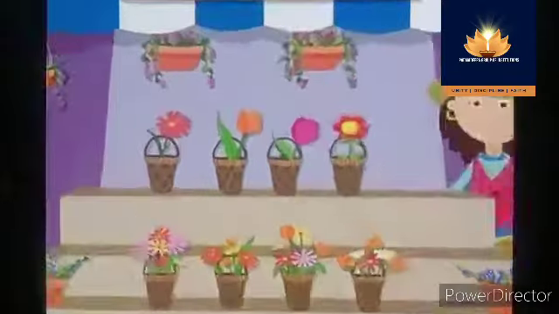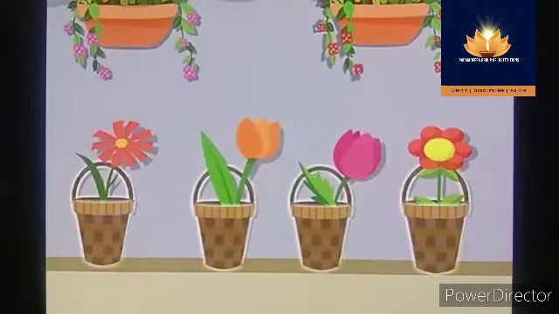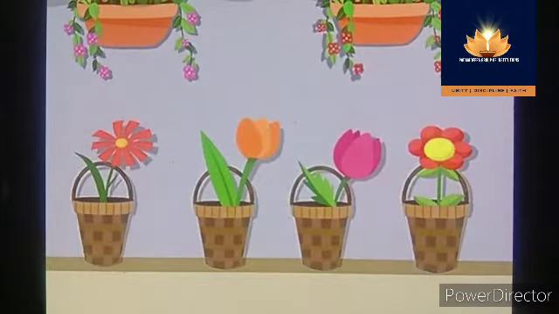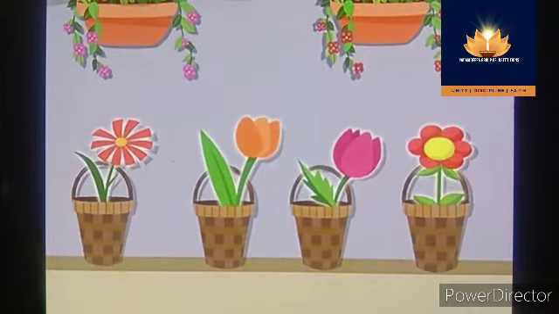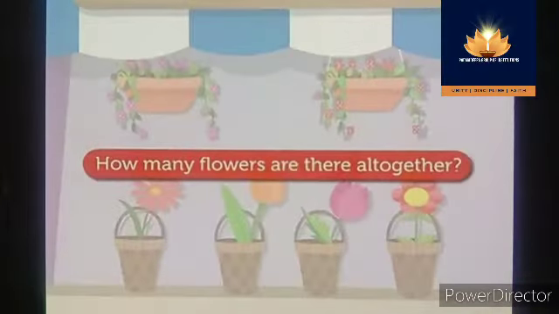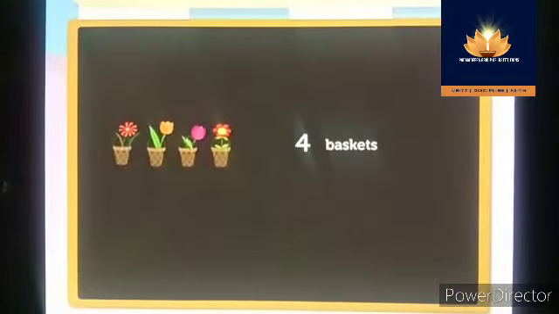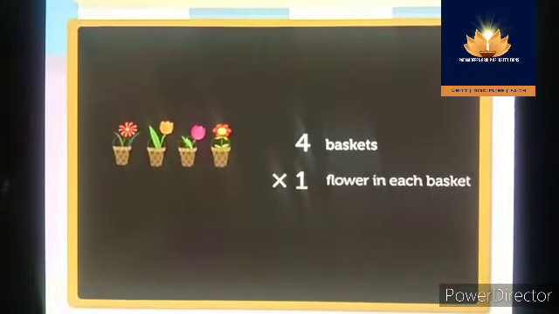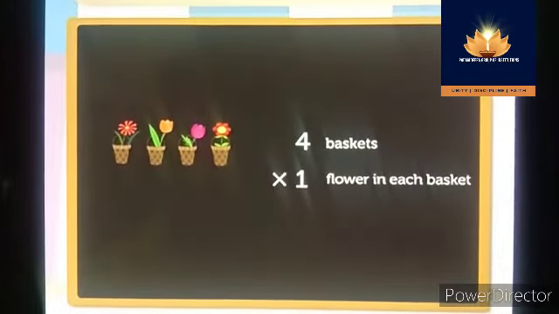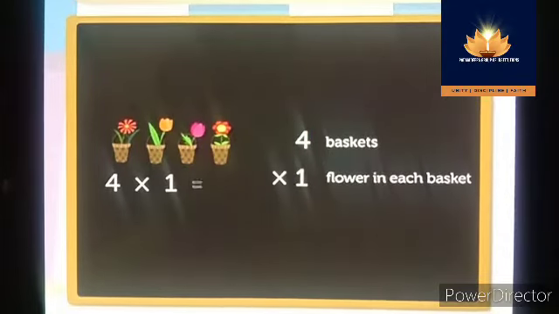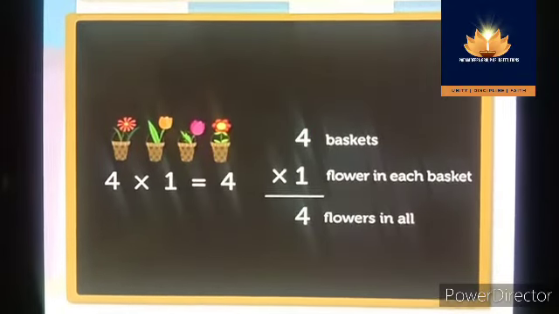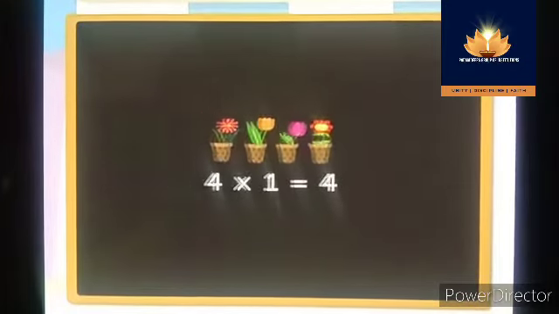There are 4 flower baskets here. Each basket contains 1 flower. So how many flowers are there altogether? Here there are 4 baskets and 1 flower in each. 4 into 1 is equal to 4.